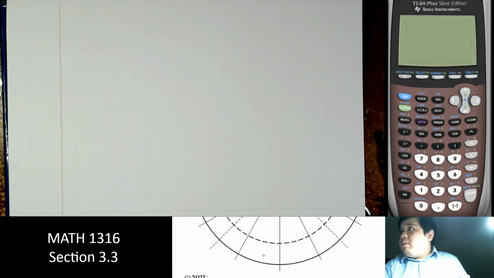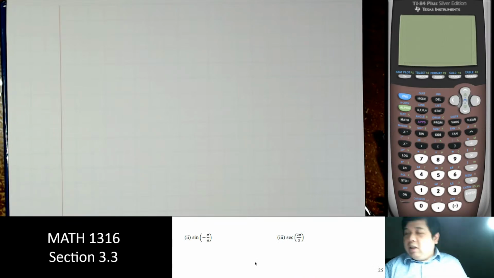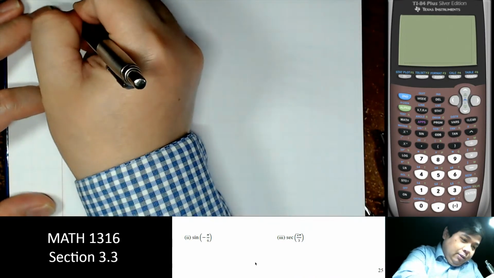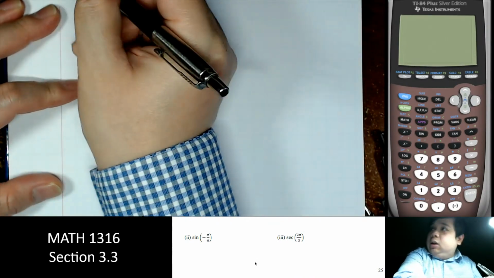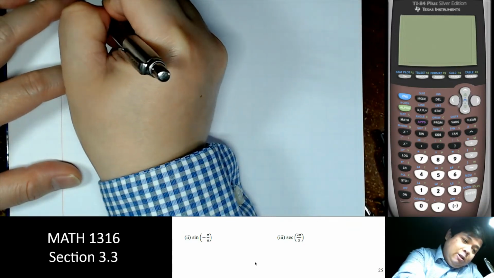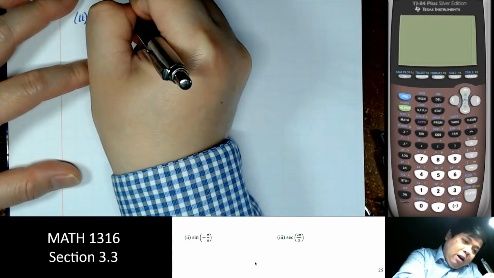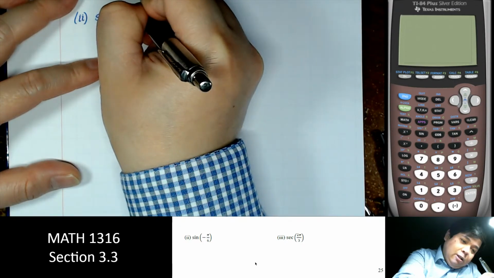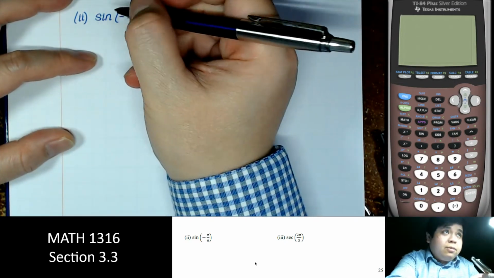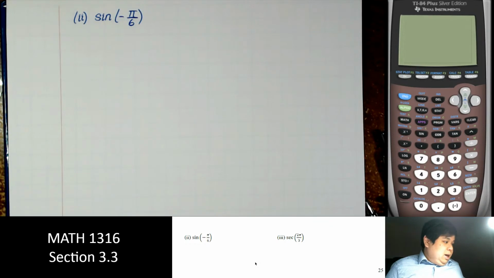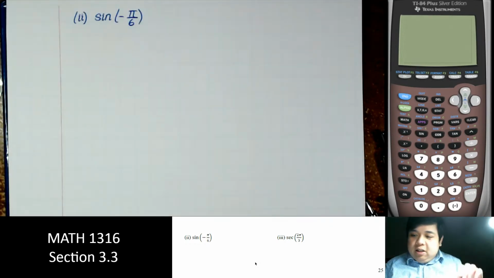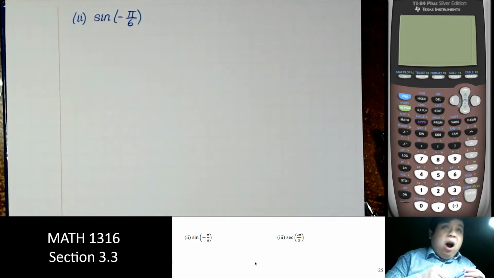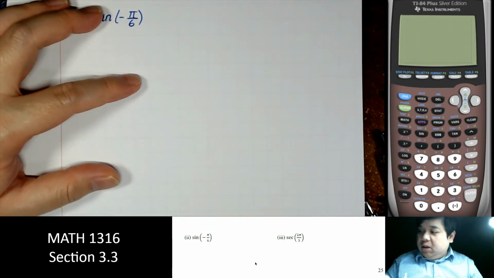Now we have some example here too. Find sine of negative pi over 6. Right. Now we do the long way first. Let's convert the negative pi over 6 to degrees and see what happens.